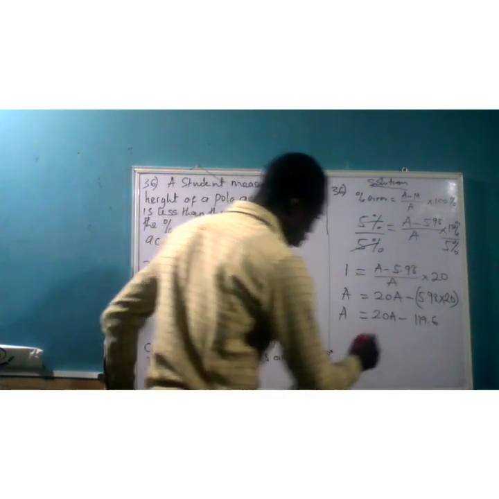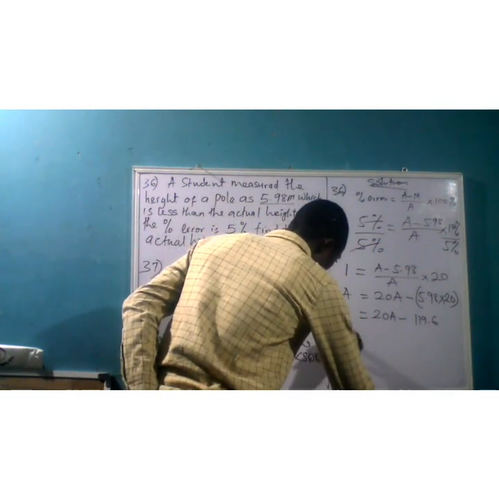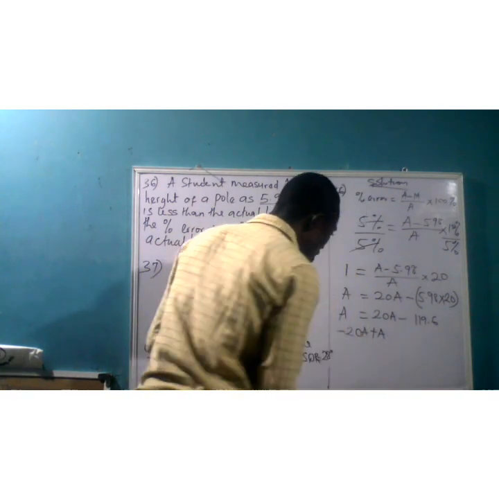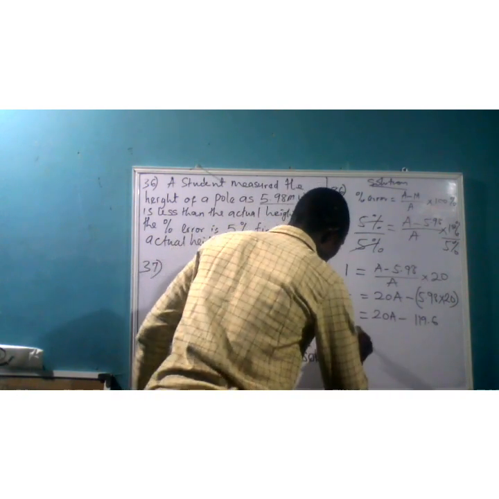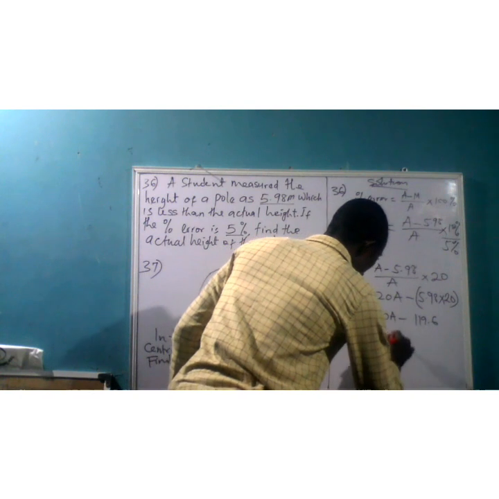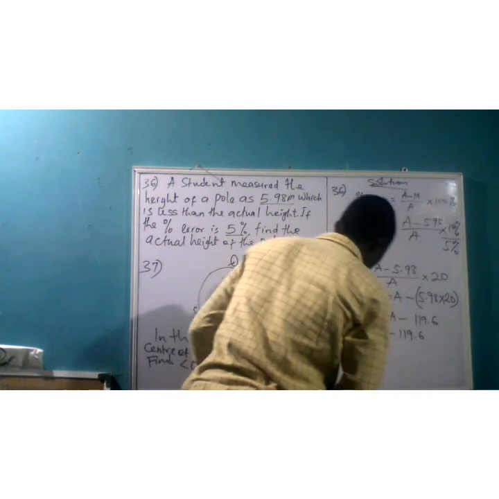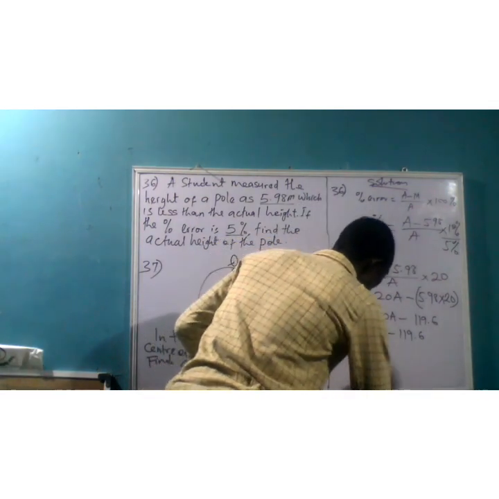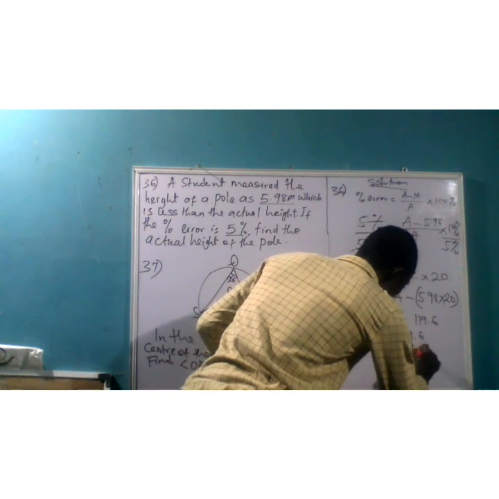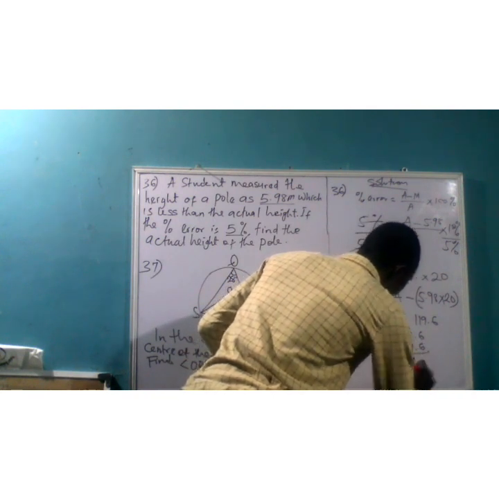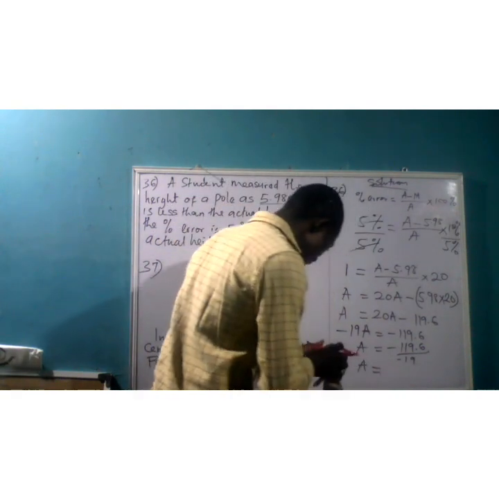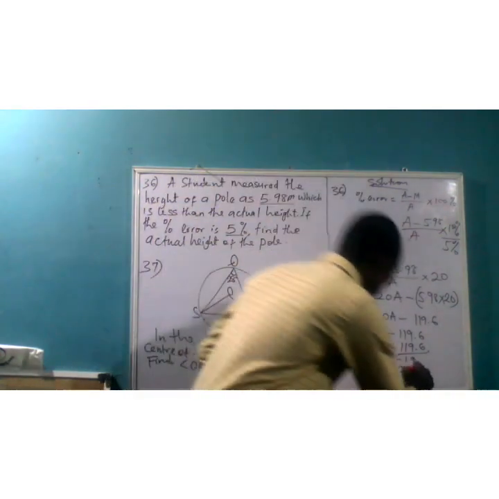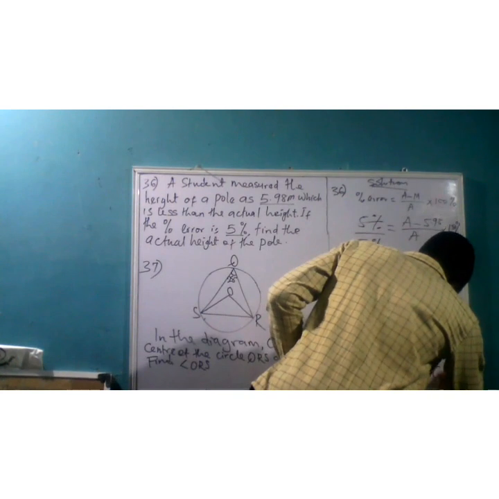If you collect like terms, that will be minus 20A plus A, which gives minus 19A equal to minus 119.6. You divide both sides by minus 19, so A equals minus 119.6 divided by minus 19. If you use your calculator, that gives you 6.29 meters. Option C is the correct option.